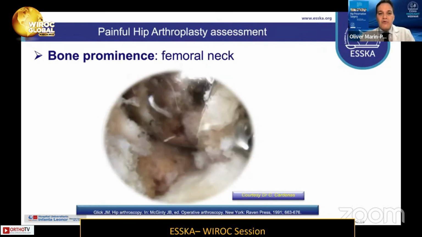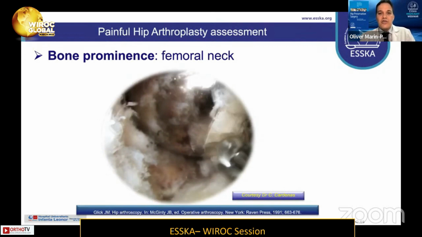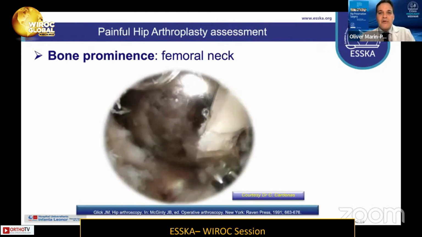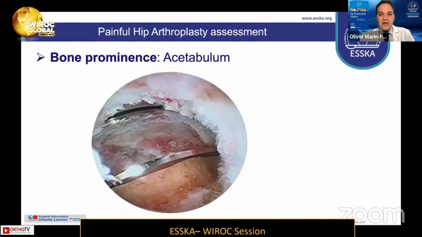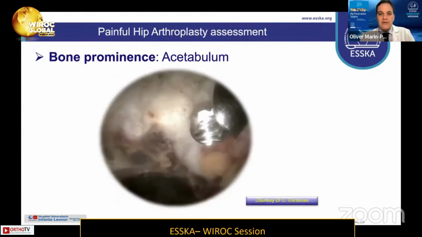But be very careful with the reflex of the structures in the metal, in this case, as I told you before, because sometimes you get lost in this area. So you can also find prominence in the acetabulum, some kind of osteophyte that you did not remove at the total hip replacement time.